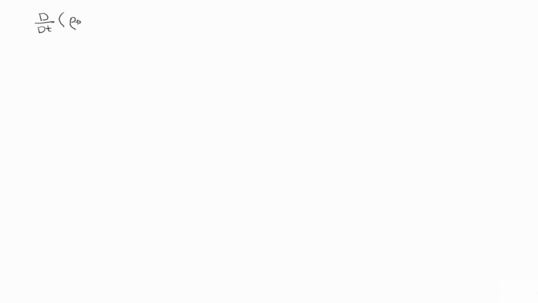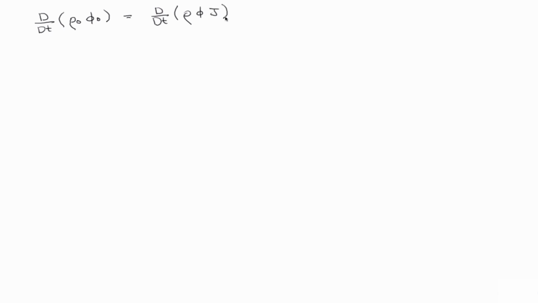But we know that the density rho_0 times phi_0 is just a function of big X, right? And that must equal the material time derivative of the other side, which is rho phi J.